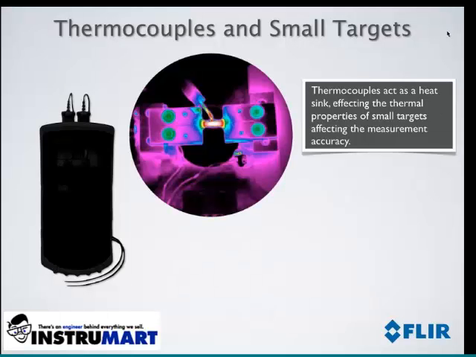Now, more specifically, let's address this concept of the thermocouple acting as a heat sink. I have an example here of a bridge where a thermocouple is attached to this thermal bridge.